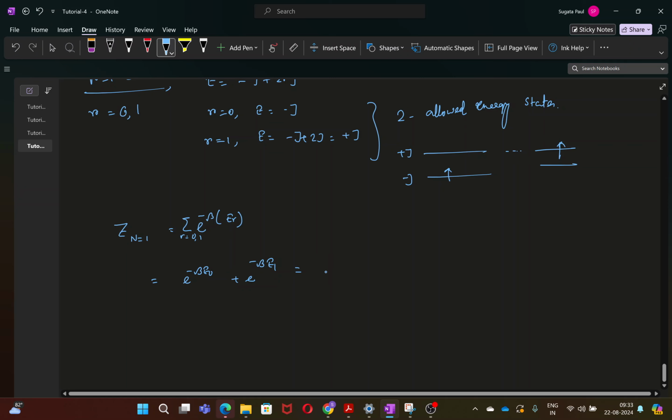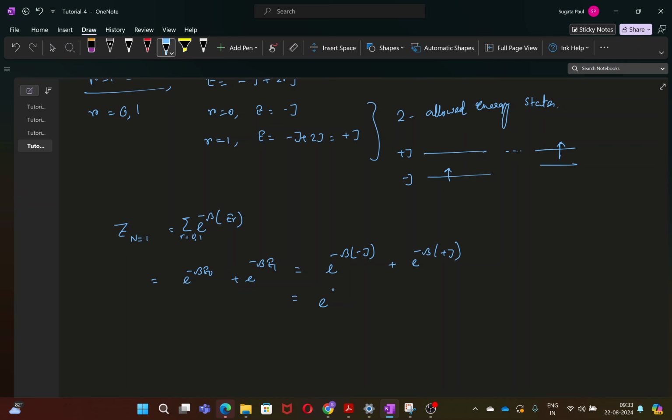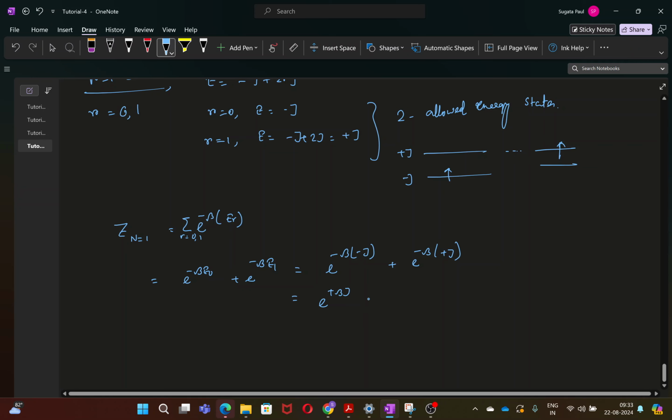So it is e to the power of minus beta times minus J plus e to the power of minus beta times plus J. So this is e to the power of plus beta J plus e to the power of minus beta J.